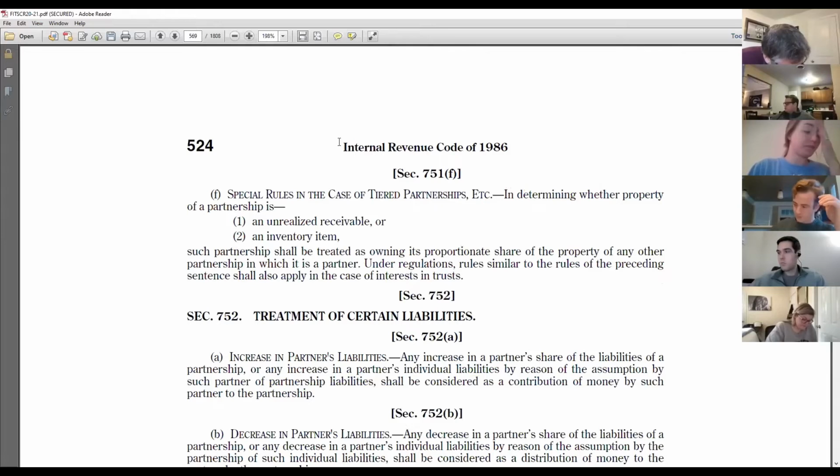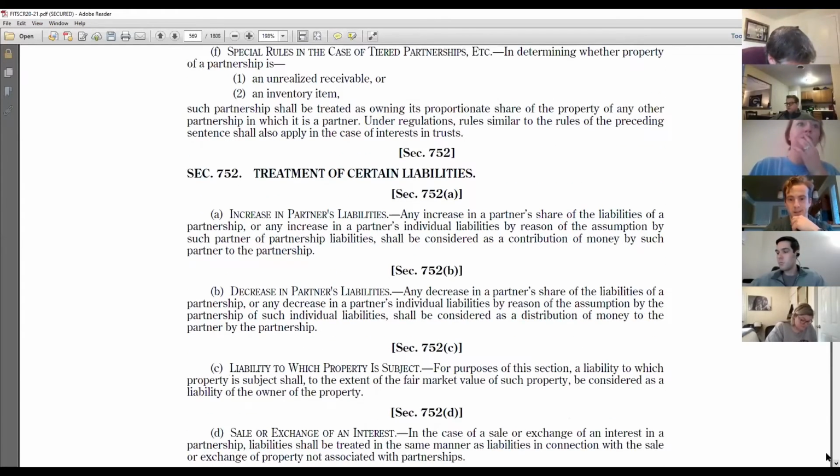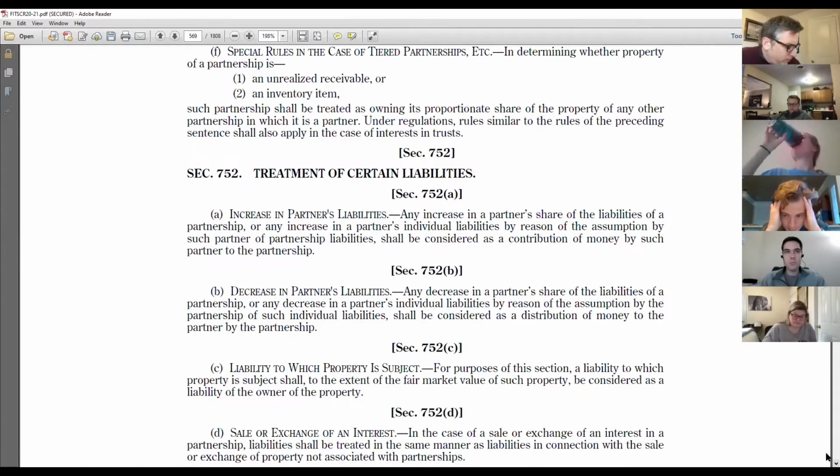And by the way, just in case anybody's worried, we're going to spend several class sessions on 752. We're going to spend several class sessions on 704, dealing with pre-contribution gain or loss. So we're going fast here, but nothing that we're doing today is going to be left.